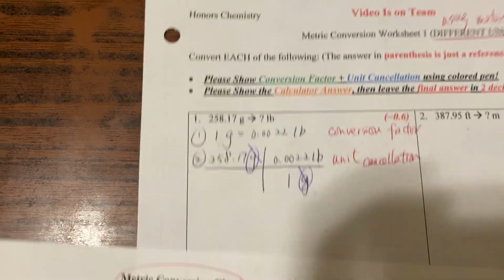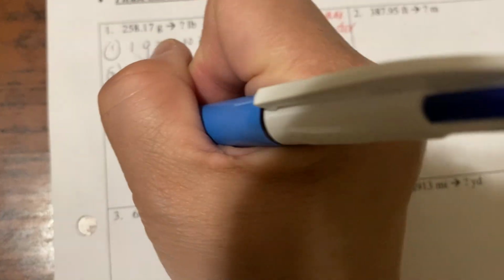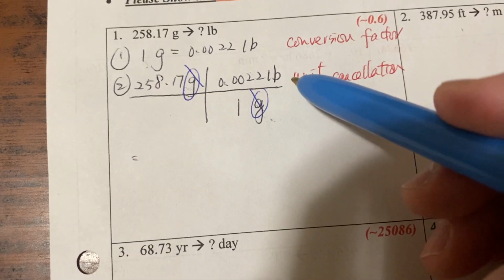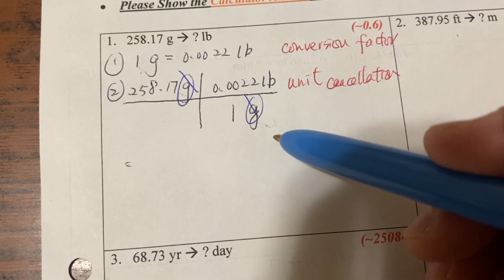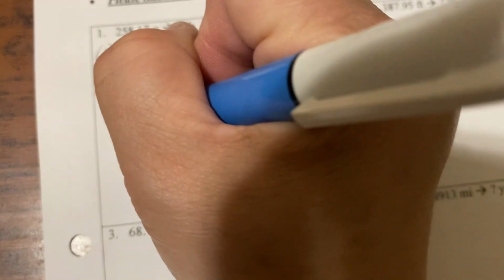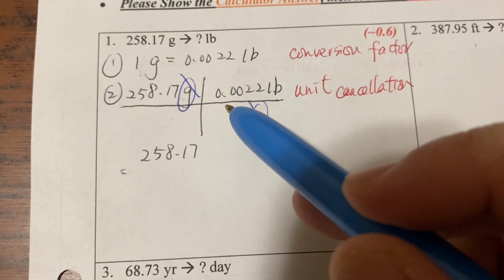I'm going to continue to write up the math part. I'm still on step 2. If things are on the same row, I will multiply. If it's on the bottom, I will divide. So right here, 258.17, I'm going to write it down. The gram is gone, no more.